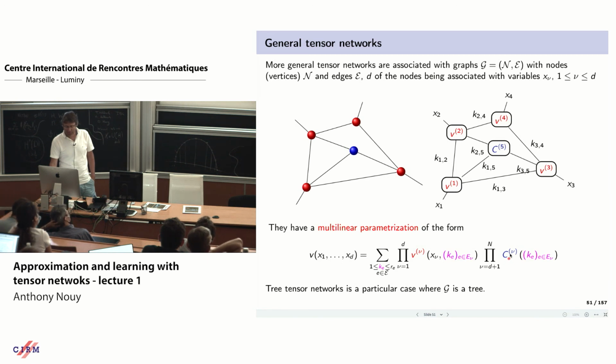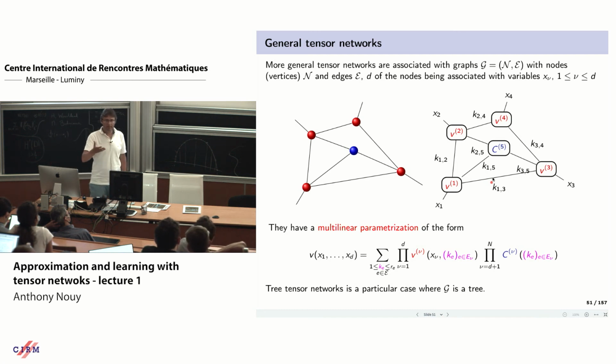Some of the tensors depend just on summation indices, and some also depend on the variables x1, x2, x3, and so on. If you give me a graph which is a tree, you end up with a tree tensor network. But this is a more general setting that you can find mostly today in the physics literature, with many applications for the description of the state of complex systems that require these more general formats to be efficient.